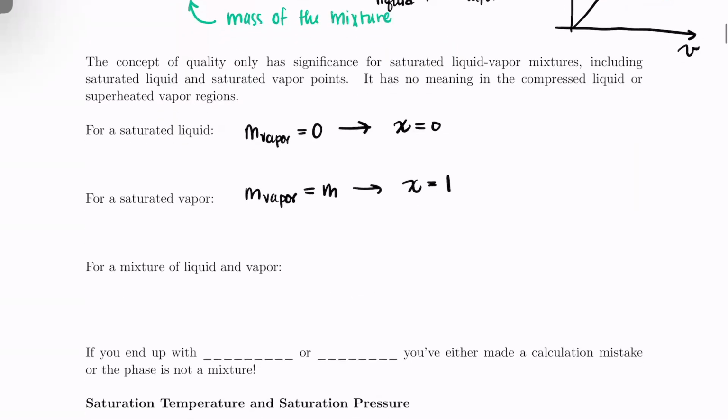So for a mixture of liquid and vapor, our quality is going to be bounded by 0 and 1. The closer it is to 0, the more it's mostly saturated liquid, and the closer to 1 it is, the more it's mostly saturated vapor. Does that make sense?